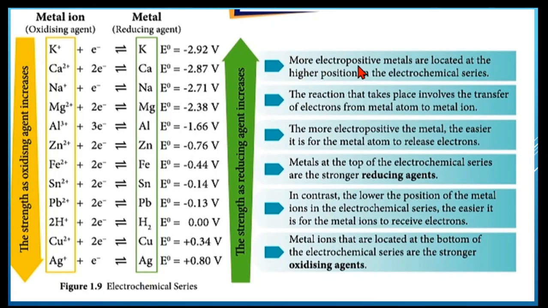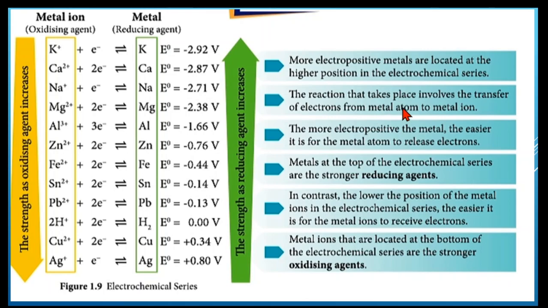Okay, more electropositive metals are located at the higher position in the electrochemical series. Okay, lebih electropositive iaitu yang greater tendency to donate or lose electron, dia berada di atas compared to bawah. Second one, the reaction takes place involves the transfer of electron from metal atom to metal ion.